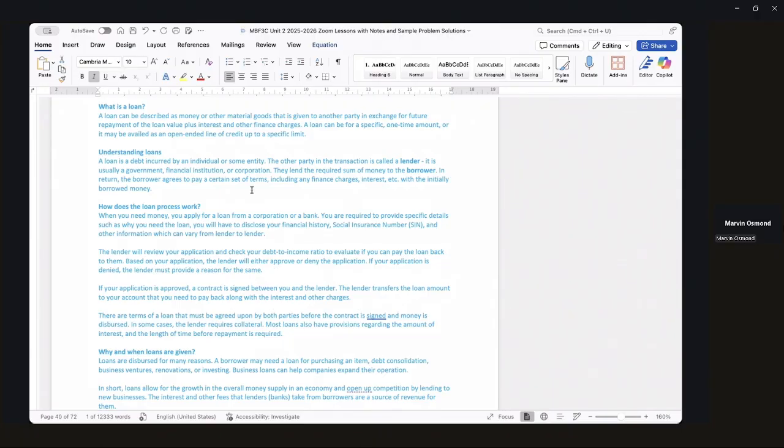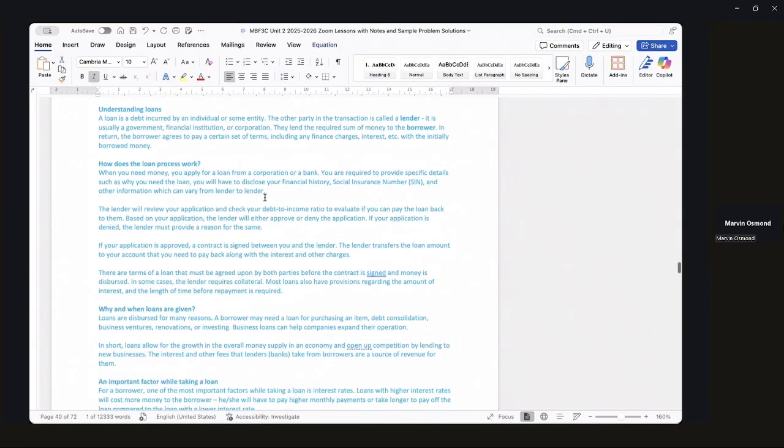What they track is, are you making your payments on time? If you're missing payments and you're being reminded, then you're going to have a lower credit score than someone who makes their payments every month and has never been late. So if you have a good credit score, you're more likely to get the loan. If you have a low credit score, then you're not likely to get the loan.